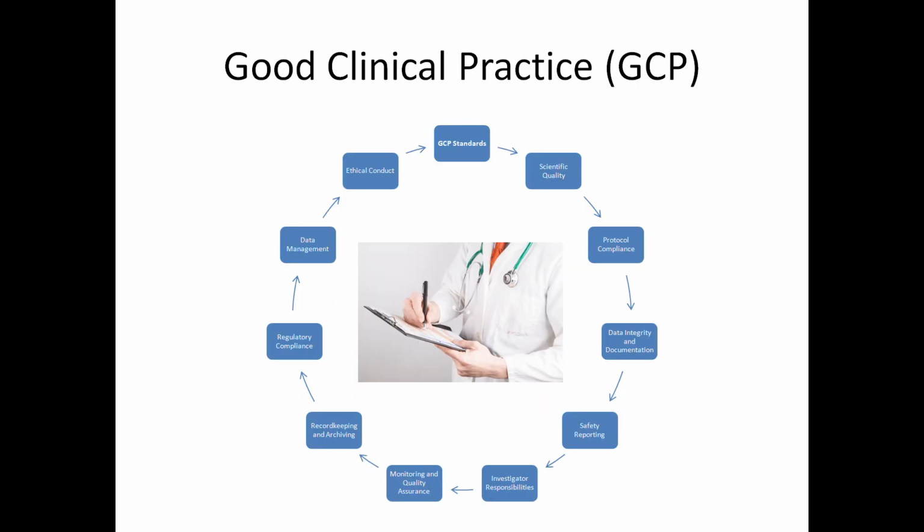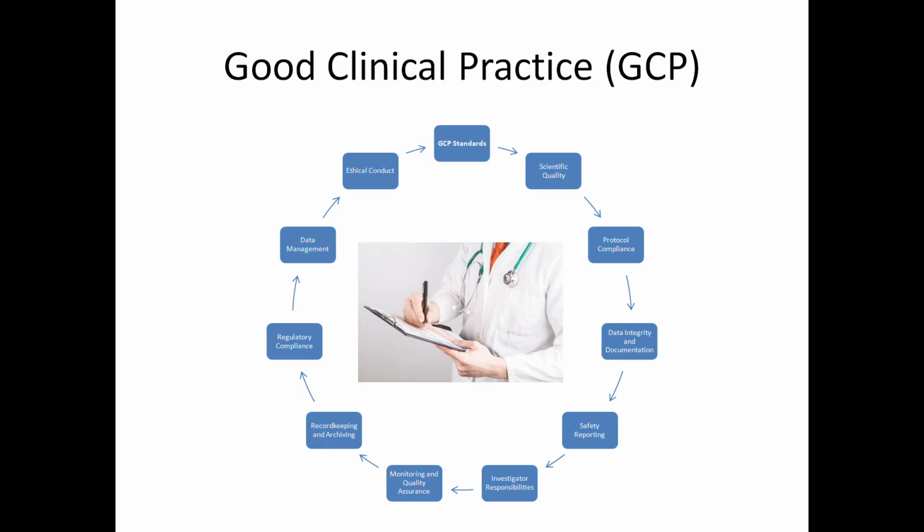Next, we will cover what we mean by the term Good Clinical Practice, or GCP. GCP is a set of international ethical and scientific quality standards that ensure the design, conduct, recording, and reporting of clinical trials involving human subjects are consistent and credible. Adherence to this is essential to protect the rights and safety of trial participants and also to ensure the reliability and credibility of clinical trial results.